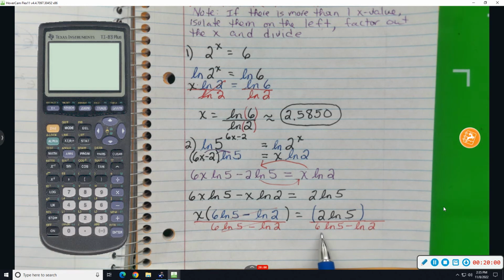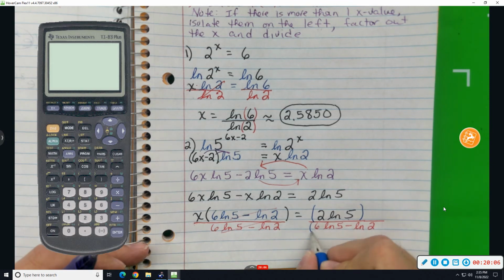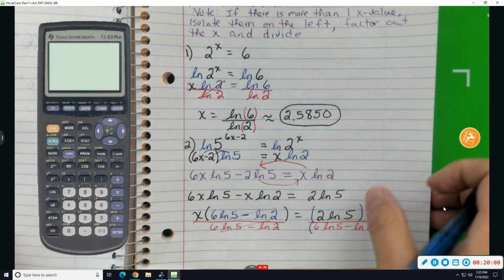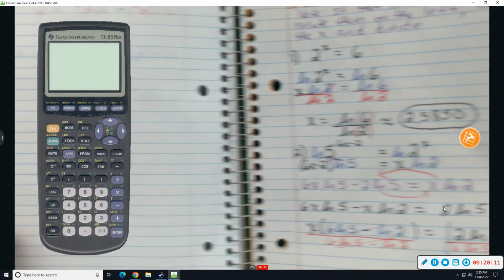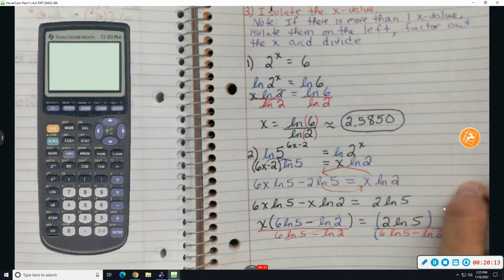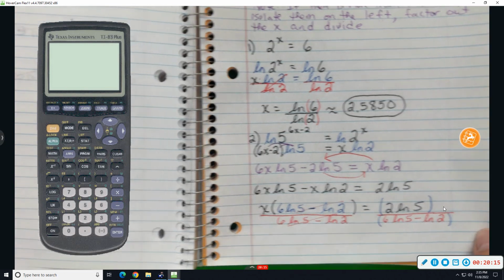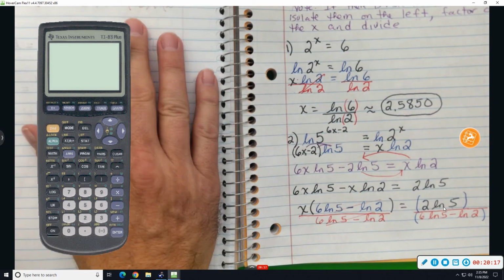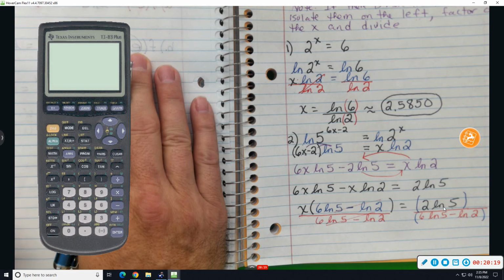If there's more than one number on the bottom, 1, 2, 3 numbers on the bottom, it has to be enclosed in parentheses. If you're wondering why is that, just stop for a moment and think about, and this what I'm writing right here, you don't need to write down.